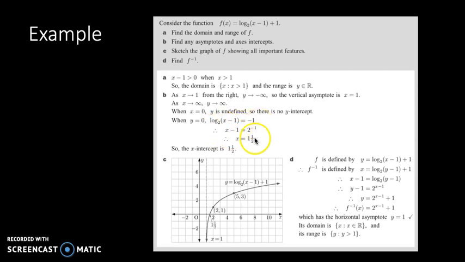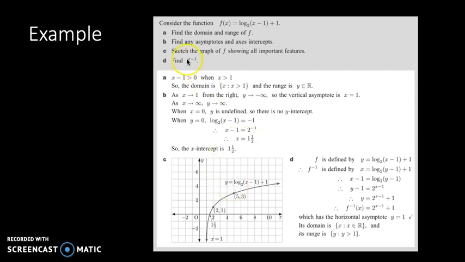We can then use our rules of logarithms to work out that log base 2 of x minus 1 equals minus 1. We can flip that around so that it becomes x minus 1 equals 2 to the power of minus 1. And then we can solve this to get x equals 1.5. So this is our x-intercept.